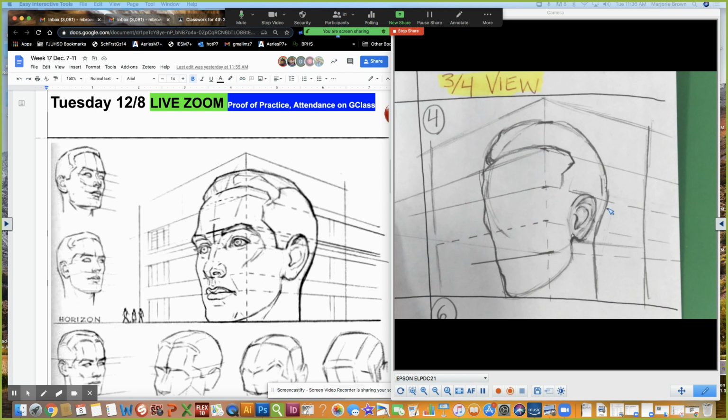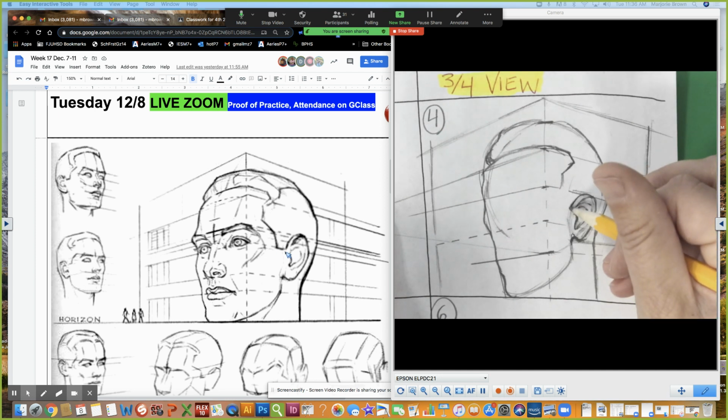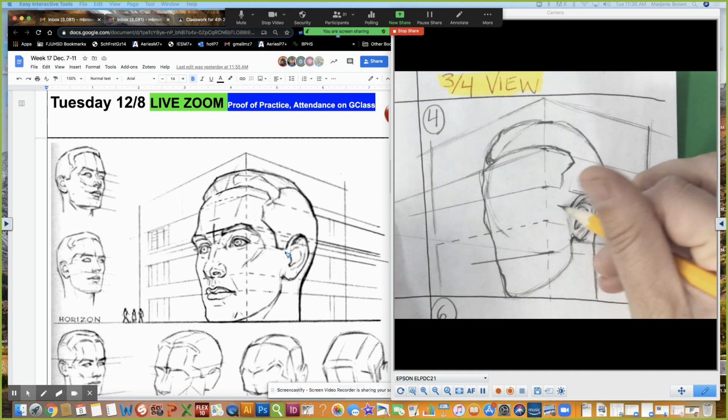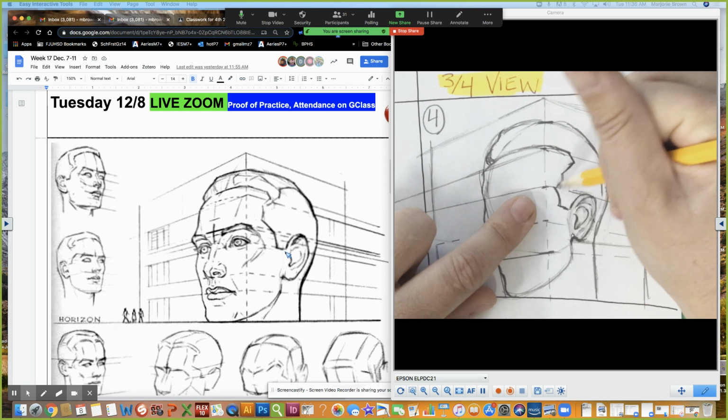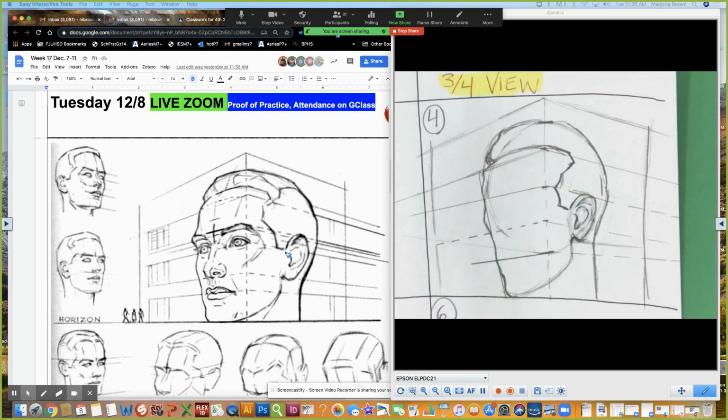What might be easier now is to look at this little diagonal down here next to the ear. Let's see if I can attempt that. Kind of goes like this, and then it goes like that. And then there's like this little curve here. Oh, I should adjust that. He looks like he has a really bad receding hairline, so I need to make some adjustments.